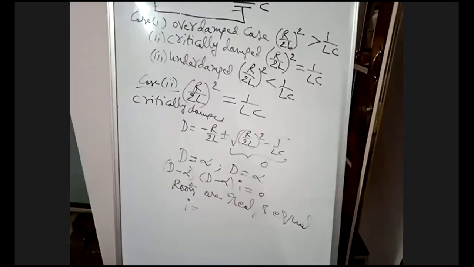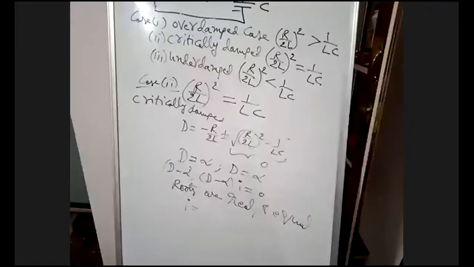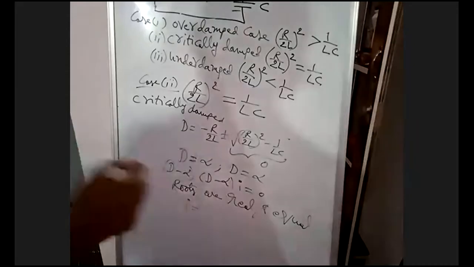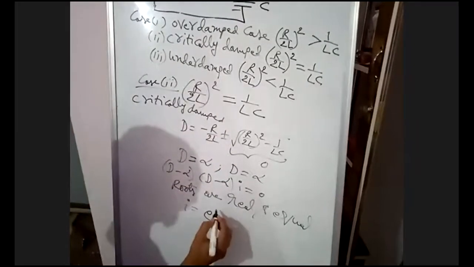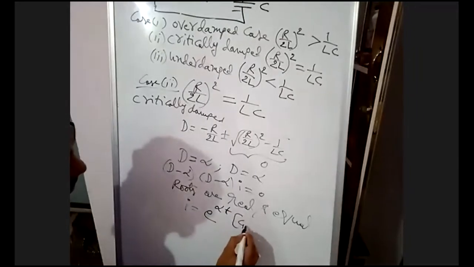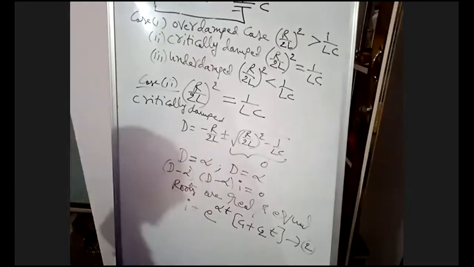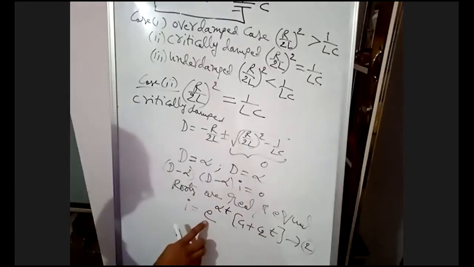Second order was not told in the first semester? Yes, sir, not told. Okay, we'll do one thing. If you are having equal roots, then I am writing here (C1 plus C2t) into e power alpha t.